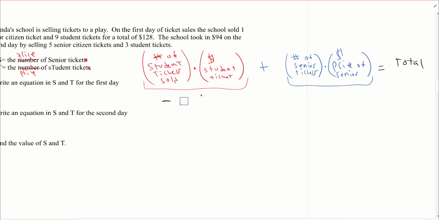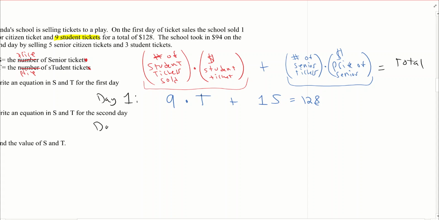We sold 9 student tickets. Right here it says 9 student tickets. So it's 9 times T plus we sold 1 senior ticket, and we made a total of $128. Right, that's the first day.